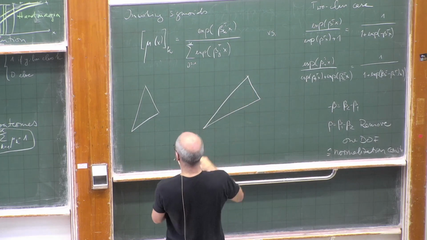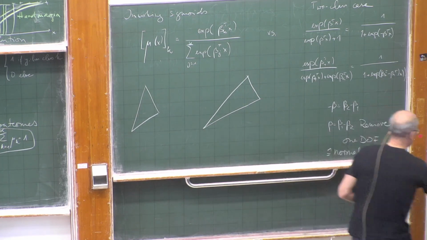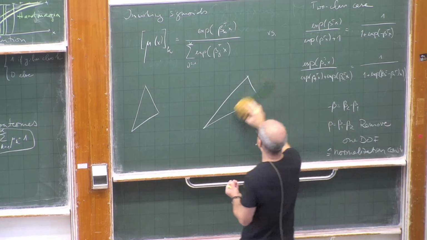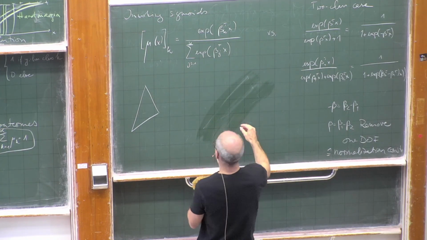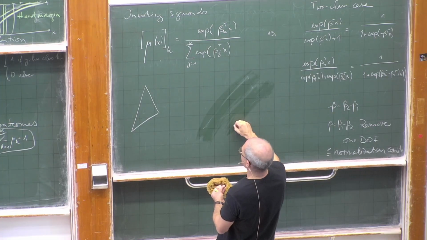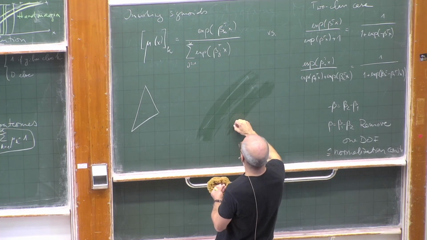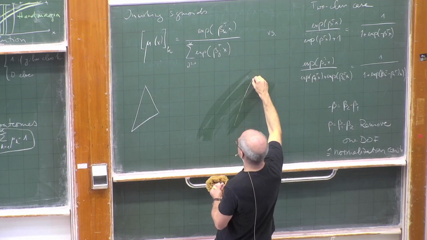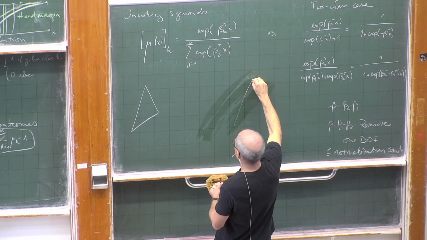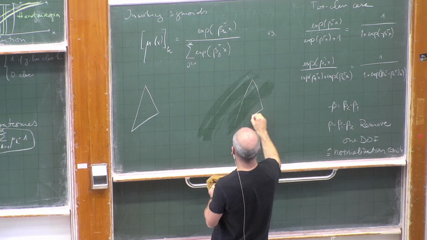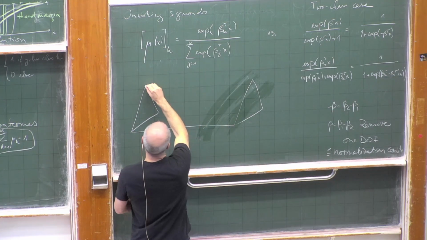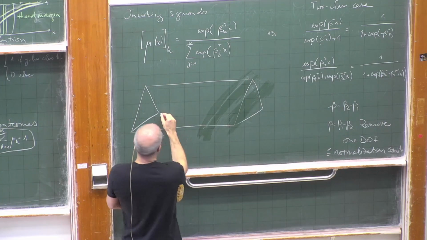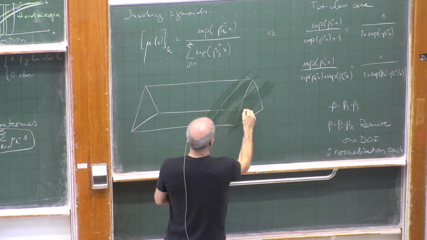Oh, this is a bad start. The triangles are meant to be identical. Let me try again. All right. Okay, I hope your spatial perception kicks in.